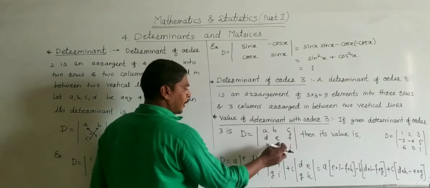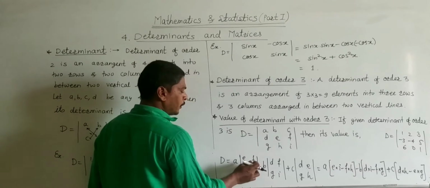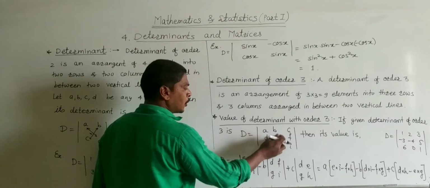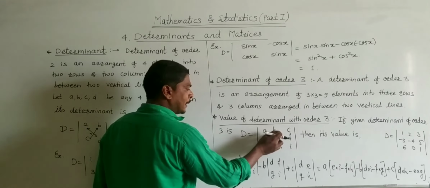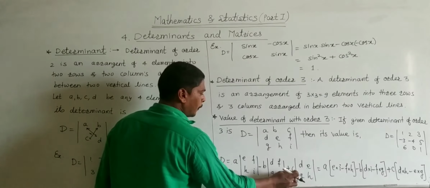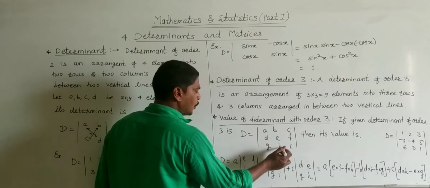So remaining elements, means e, f, h, i. So multiply a by determinant of |e f; h i|. Similarly multiplying b by those elements which do not belong to the row and column in which b is contained, that means d, f, g, i. Okay, then plus c, multiply c by determinant of |d e; g h|.